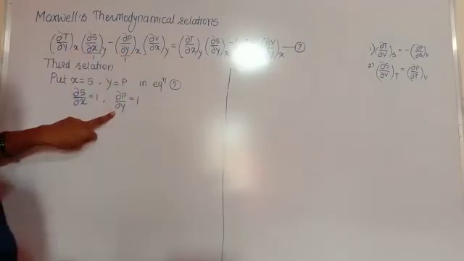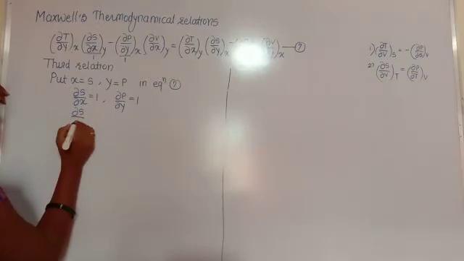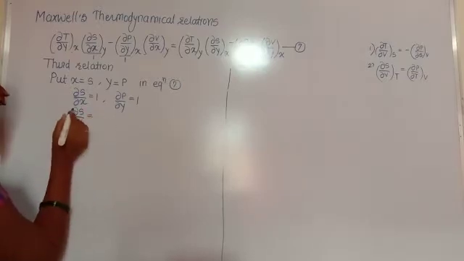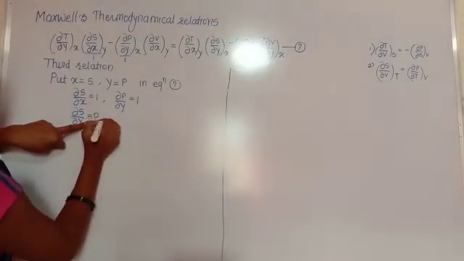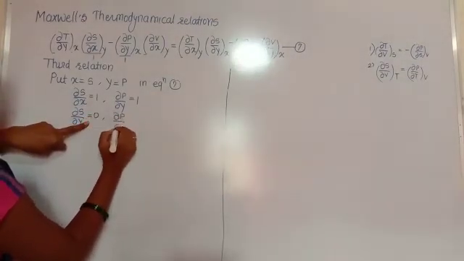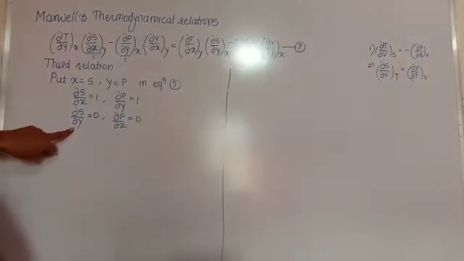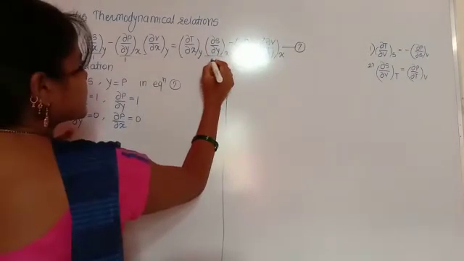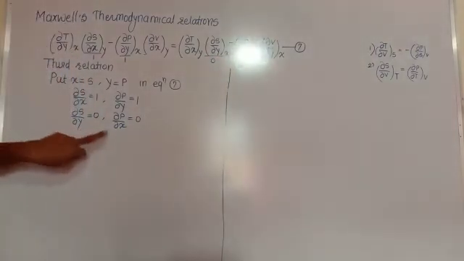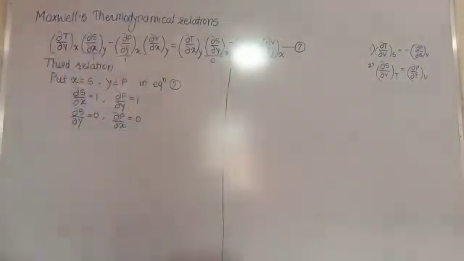Del S by del Y, the derivative of a constant function, is 0, and del P by del X is also 0. So we get two terms on the left hand side.